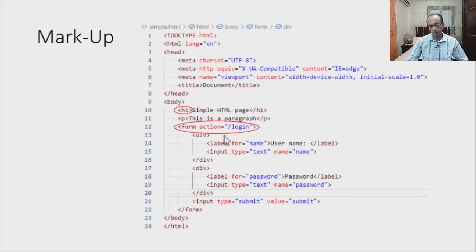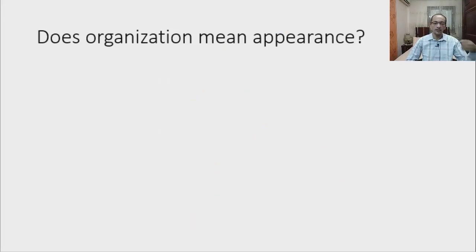This is what is meant by markup. So it is a language that is responsible for encoding the web page or the hypertext in a linked manner, organizing a web page.